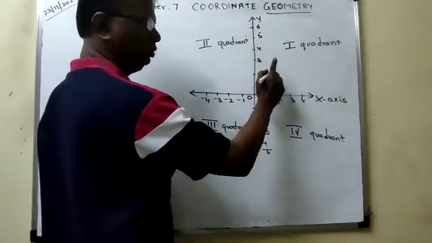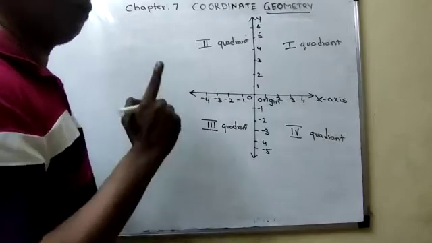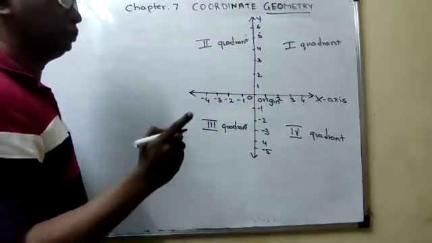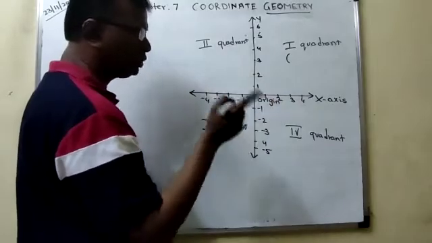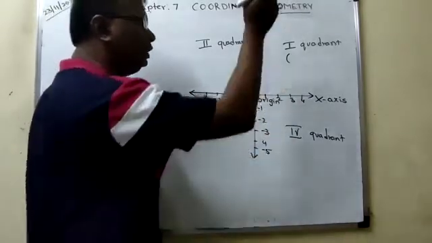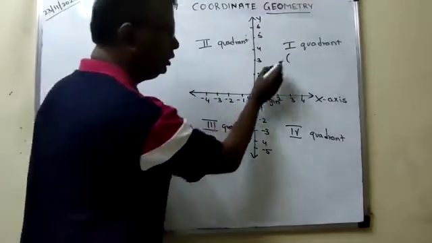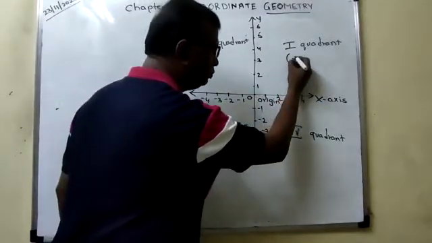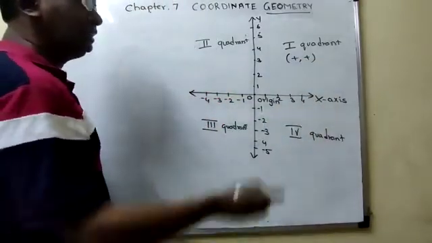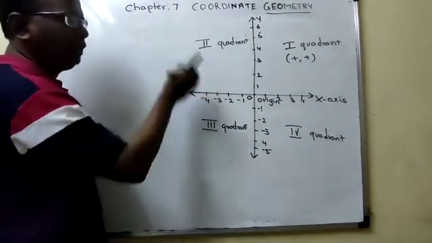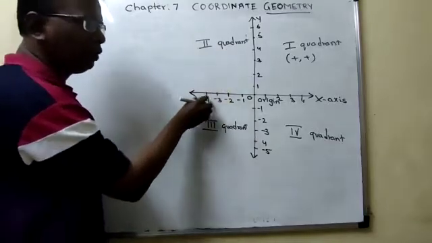In this first quadrant, both x coordinate and y coordinate will be how much? It will be positive. See here, a point has 2 coordinates. Which coordinate? X coordinate and y coordinate. In the first quadrant, both will be positive. X coordinate is positive, y coordinate also positive. In the second quadrant, the x coordinate has what?